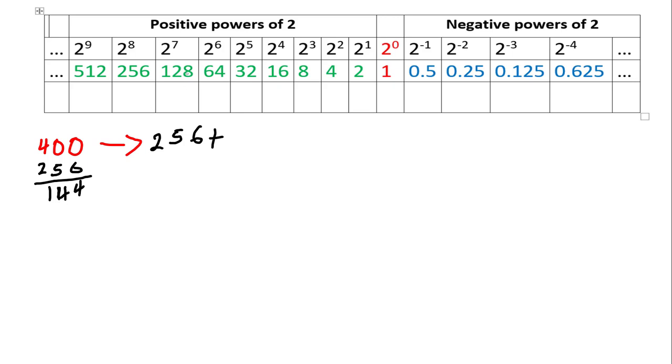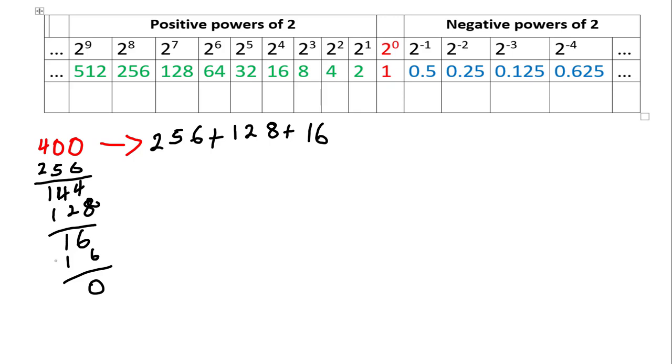We do not have 144, but the value just under 144 is 128. 128 from 144 is 16. Comparing 16 to the table, we have 16 in the table. So plus 16. 16 minus 16 is 0.